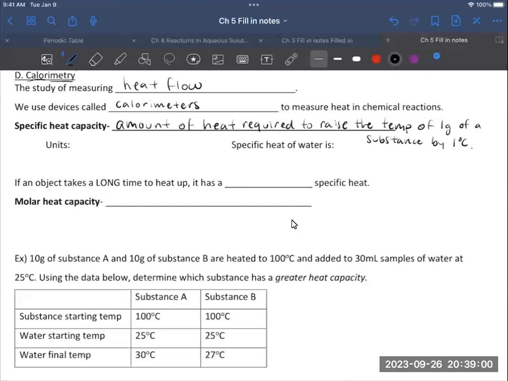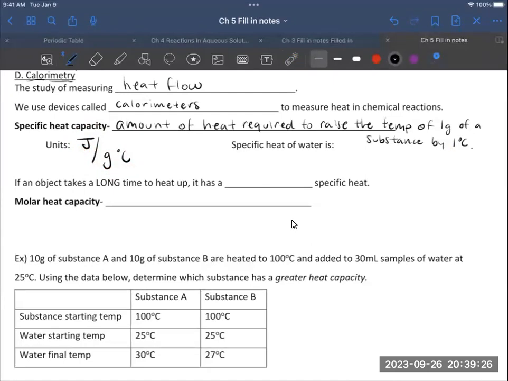The units for specific heat capacity are joules per gram degree Celsius. Joule is the unit that we use to describe heat, gram is the 1 gram, and degree Celsius is the 1 degree Celsius. So literally the units tell the story: how many joules do I have to put into 1 gram to raise it by 1 degree Celsius? So joules per gram degree Celsius.